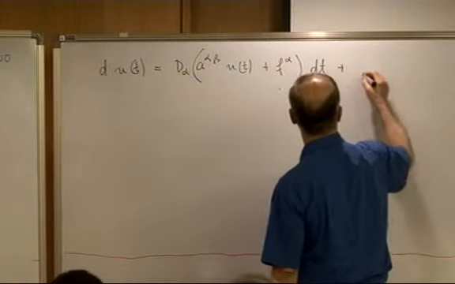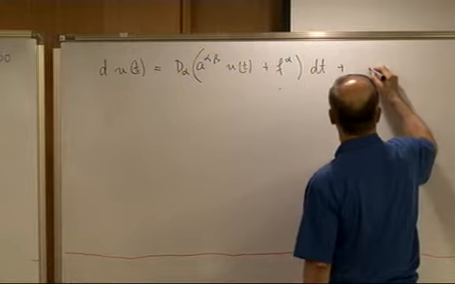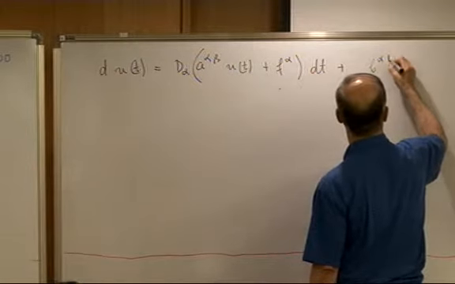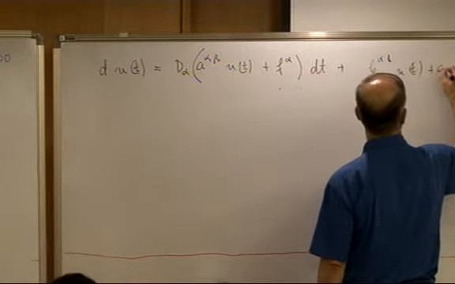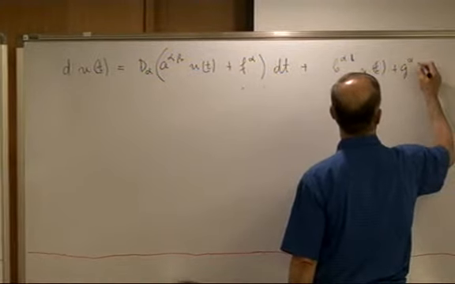Then plus b^{alpha k} D_alpha u_t plus g^k.